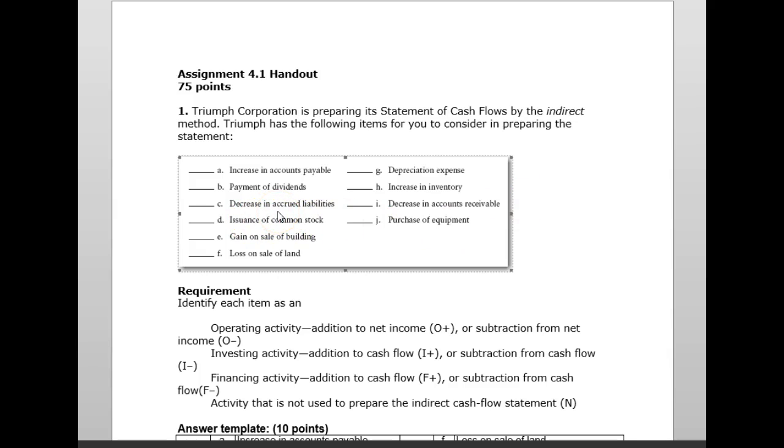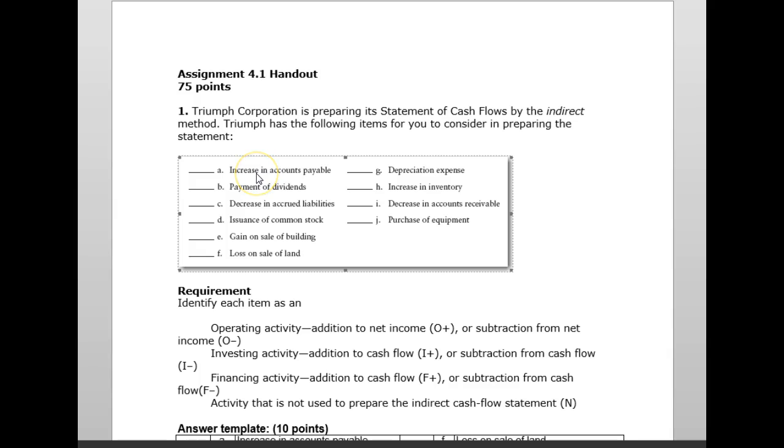Decrease of accrued liabilities. Okay, that's operating. It's going to have the opposite effect, I guess I should say, of the increase in accounts payable. Did you find that in the textbook yet?